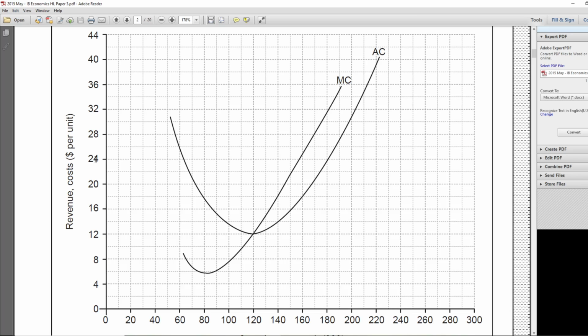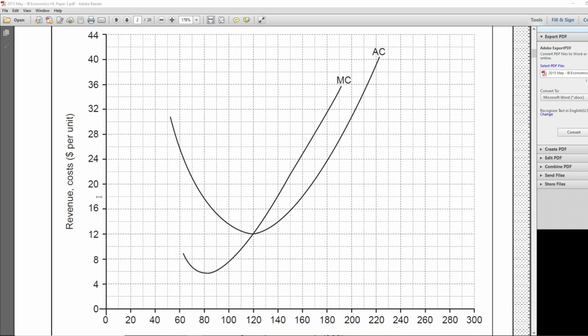Where is the profit maximization output in this question? Hello? So MC equals MR. Where is it?